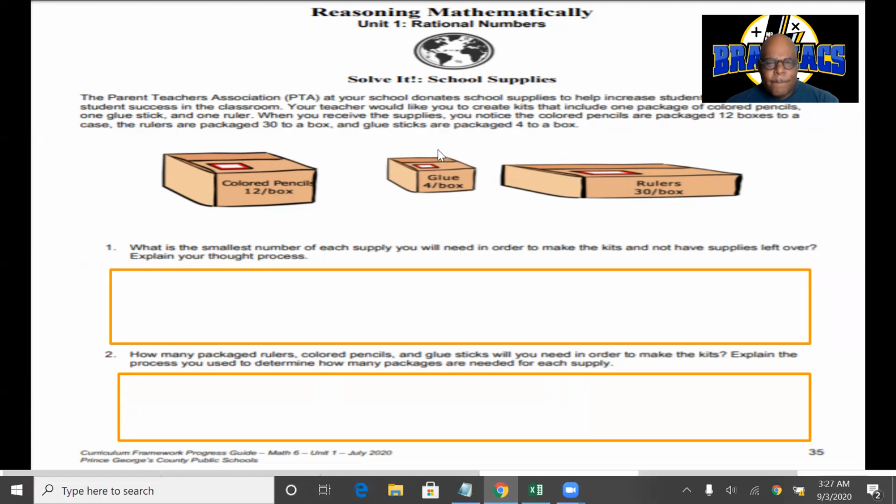So is it 40? Can't be 40 because 30 cannot divide evenly into 40, and neither can 12. What do you think? 60. 60.